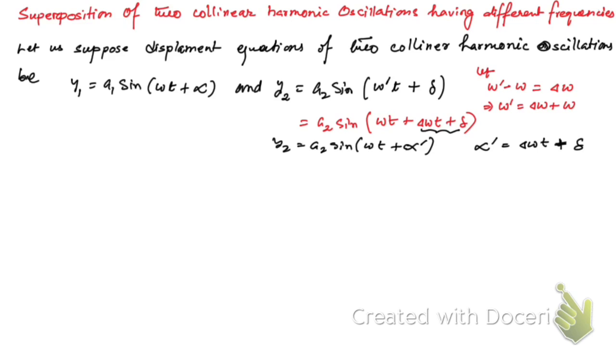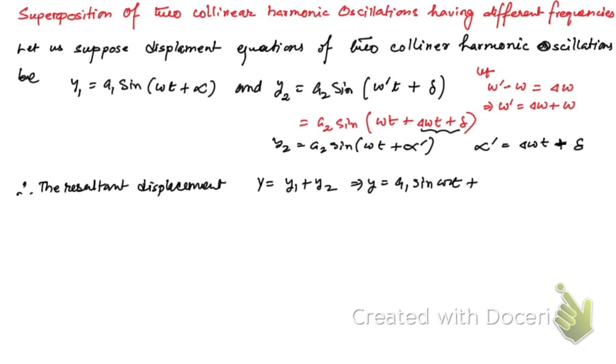Therefore the resultant displacement is given by y = y1 + y2. Putting the values of y1 and y2, y = a1 sin(ωt + α) + a2 sin(ωt + α').